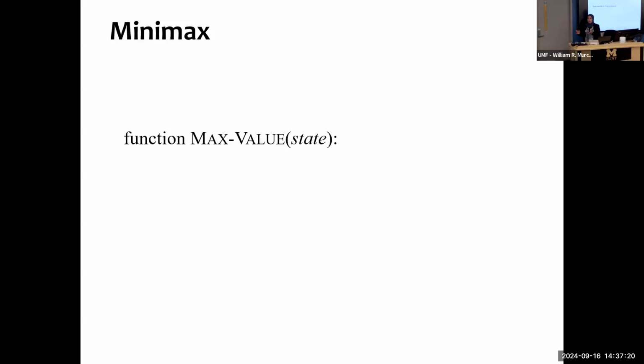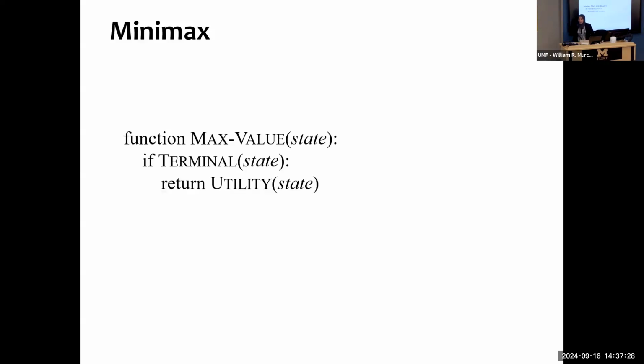So let's start with the max value function, which takes a state as input and checks if that state is a terminal state, then it's all set. So it's going to return the utility value of that state. Otherwise, we are going to look for the max value, and we are going to compare that with given values. So we start with the minimum possible value, so we go up to minus infinity.